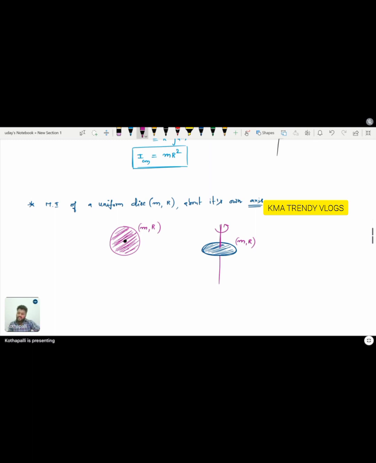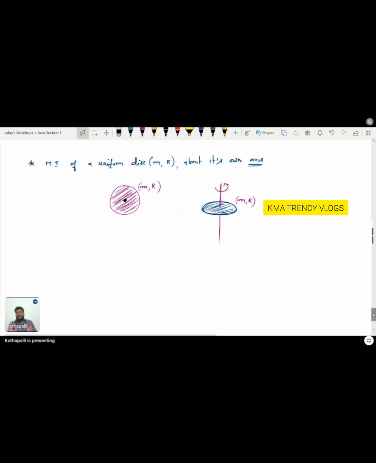So logically the same integration formula we need to apply, but here the approach of integration will be a little different. What I'll do now is take this disk as a combination of rings, because I have the information of the moment of inertia of a ring about its own axis.